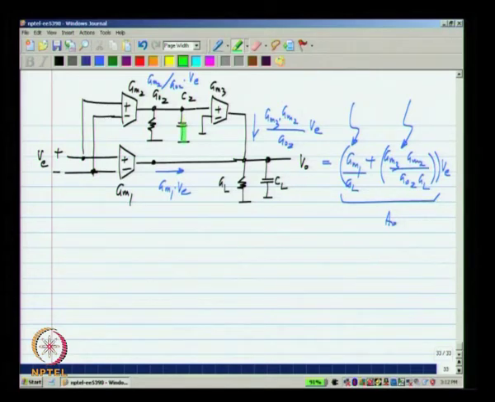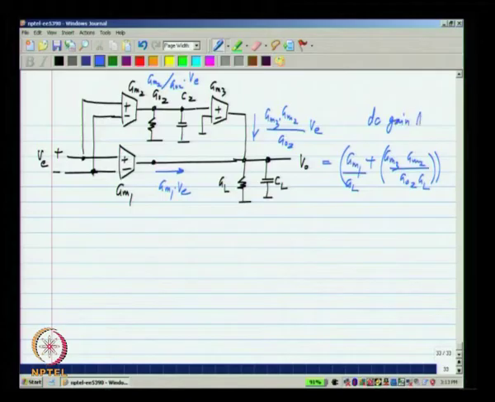Now, we also have other capacitors here, which means there could be more poles and zeros. We do have to analyze that and see if stability is okay. So, this is the DC gain A naught, and roughly speaking it is like the DC gain of a cascade of 2 stages, which is the 2 stages on top here.